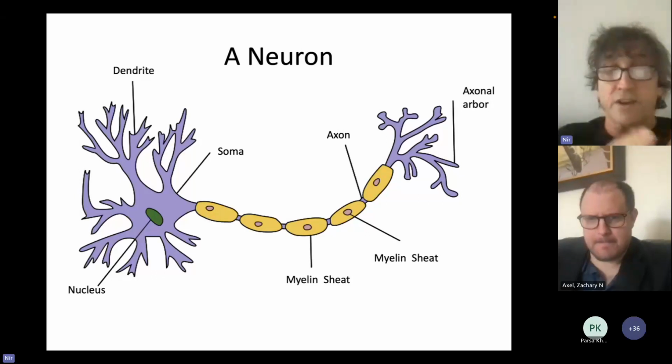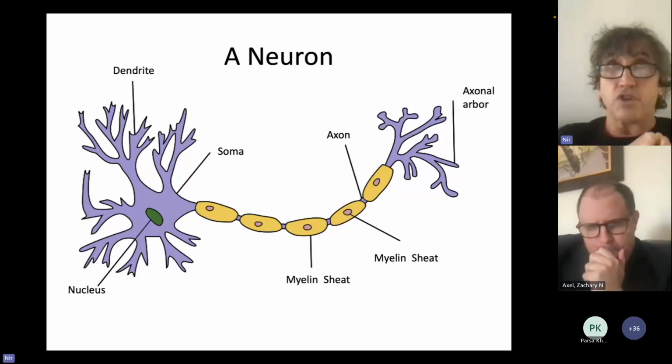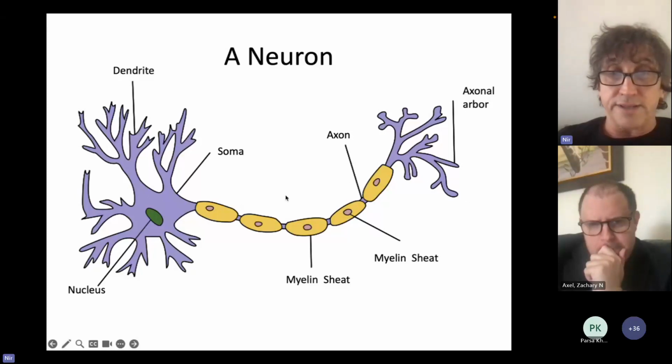Well, it turns out that our brains are a very efficient neural computing machine. The basic building block of our brains is the neuron. A neuron is a cell that has an input area called a dendrite and an output area called an axon, or axonal arbor, if you will. The axon is covered with other cells that insulate it.